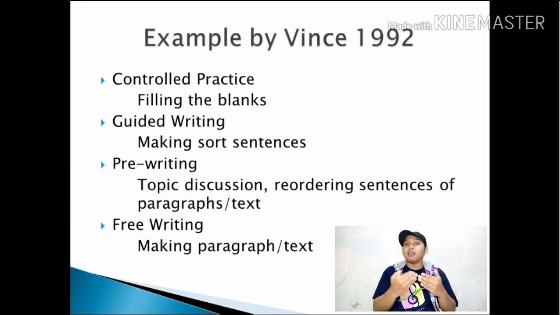For example, there are 3 paragraphs in a text, and there are 13 sentences in the paragraphs. So the teacher should ask the students to reorder them into the right order based on their knowledge. This activity is done after their topic discussion. Of course, the topic and the text provided should be related to each other. And the next is making paragraph.